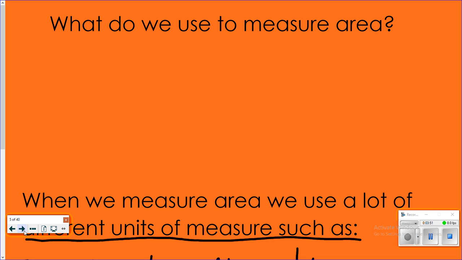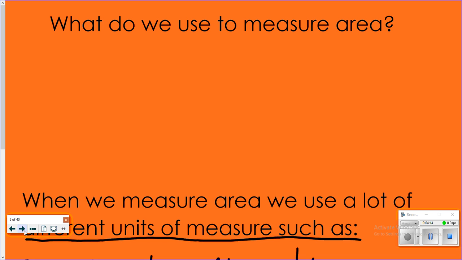Alright, let's talk about area a little bit more. What units do I usually use when I measure area? Think about all the things you could measure. Could you measure yourself? Could you measure how much you weigh? Yeah, that's measuring.